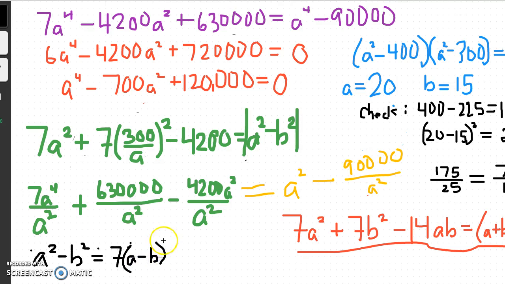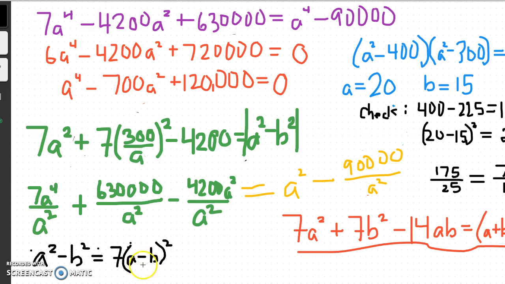It's kind of how I started. I really started with (a minus b) squared as a denominator on the left side, and it was the ratio of this to this equals 7 to 1.